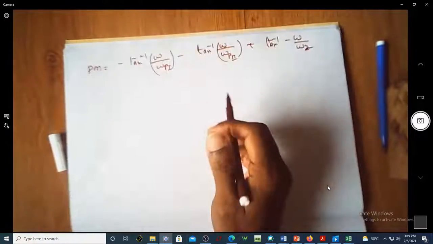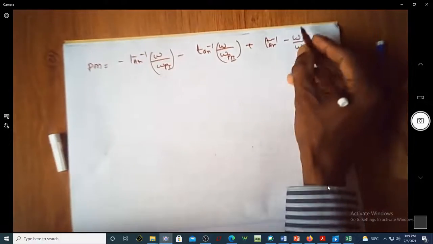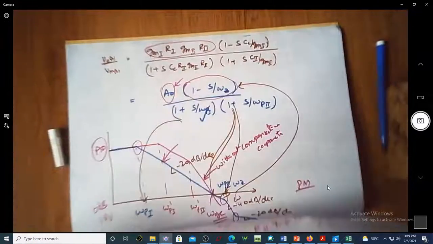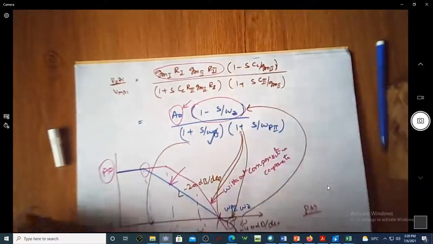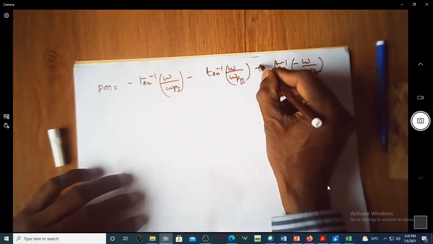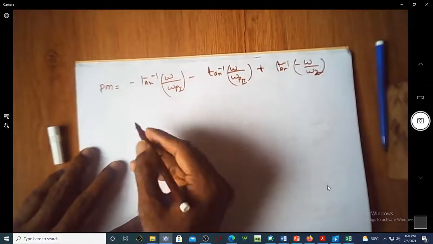These are the terms contributed by two poles and a zero. Why is this negative? Because I have this minus term. These two are minus because they are poles, and this is plus because it is the phase contributed by the zero.